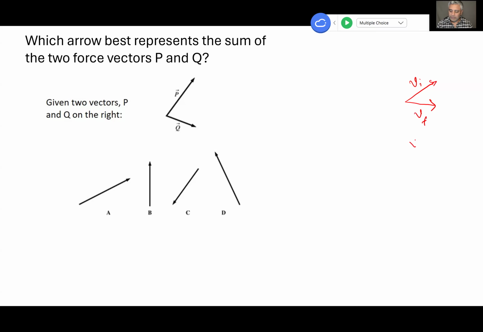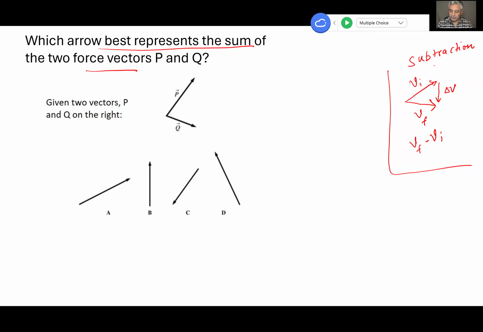So if we are finding VF minus VI, then what we do? We do that, and that would be delta V. So this is subtraction. Here it says represents the sum, means addition, right?